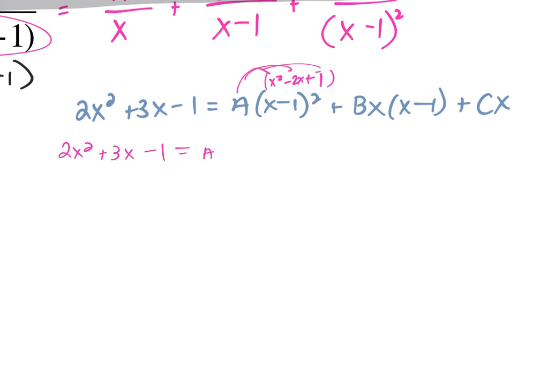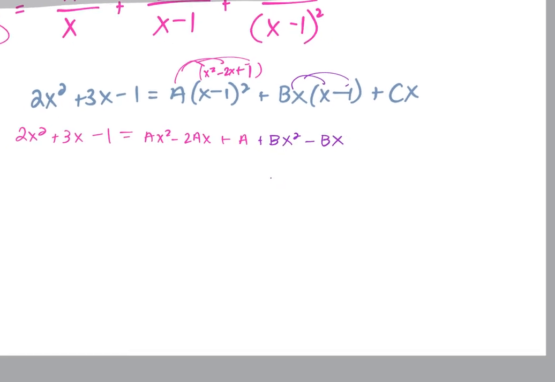A times x squared is ax squared minus 2ax plus a. The order there doesn't matter, the 2ax could be 2xa. Then I'm going to do the bx times both of these, so bx squared minus bx. And then I'm going to do the c.